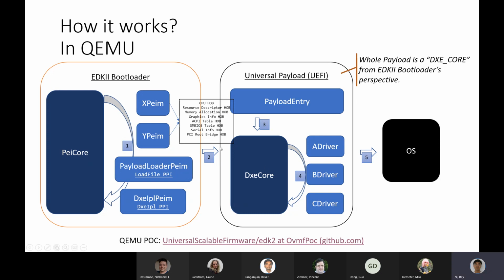Previously, when the system was a single root bridge system, it might be okay to let the payload guess the MMIO range for the PCI bus.